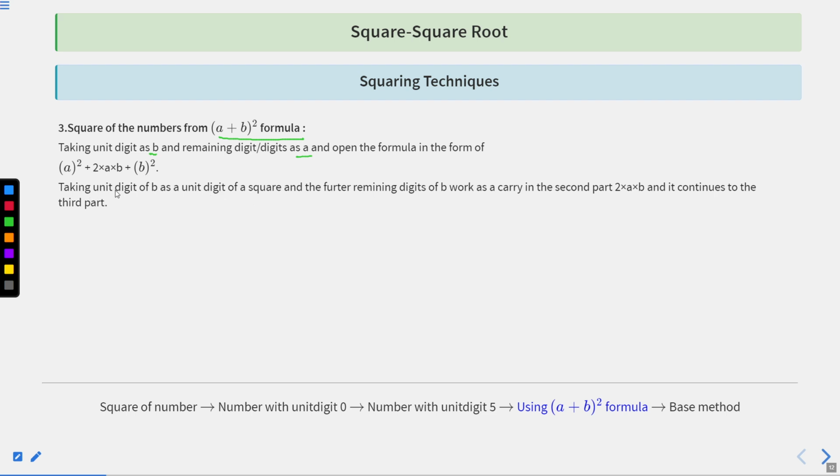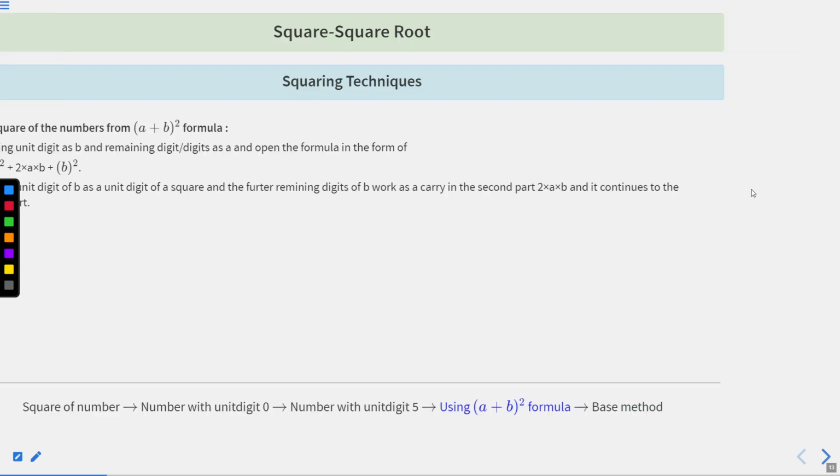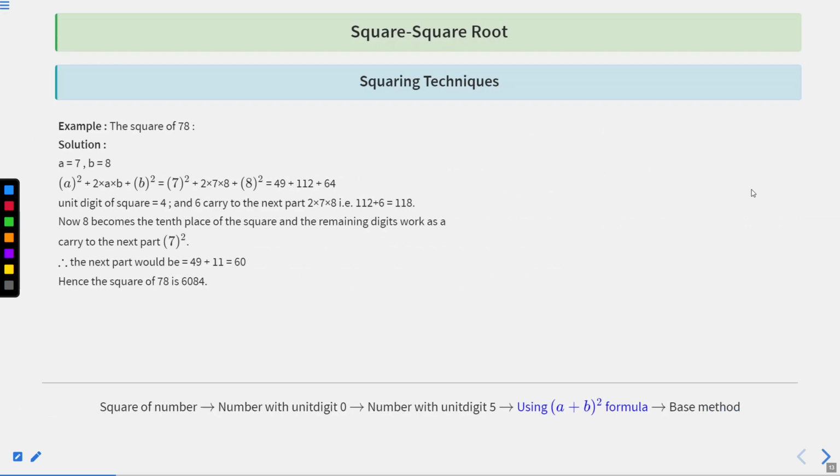Taking the unit digit of b square as the unit digit, the remaining digit of b square works as a carry in the second part 2ab, and it continues to the third part. Let us see an example to understand how the method works.